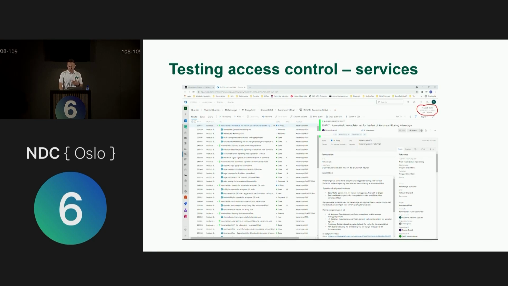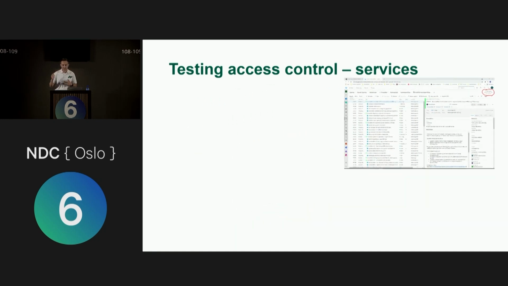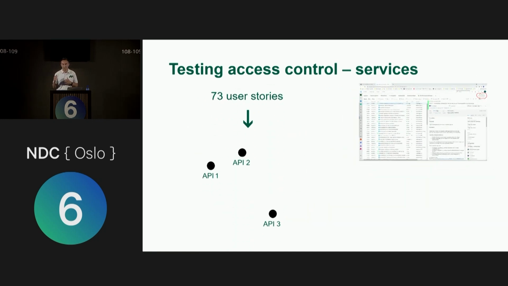One example is that two years ago, when the Corona pandemic came, we got a request to implement services related to Corona, and this request was formulated in terms of about 73 user stories. Our development teams implemented, or transferred, these 73 pieces of textual information into 4 APIs.